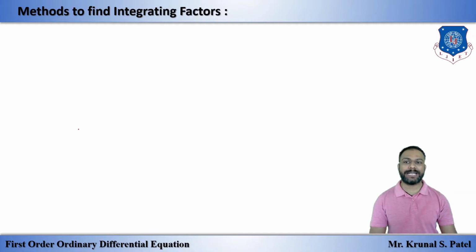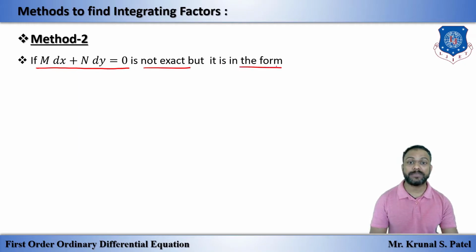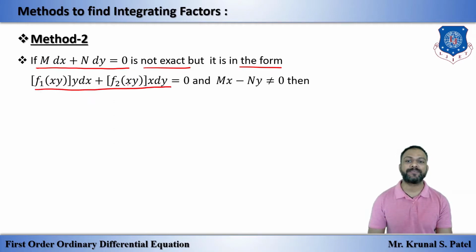Now the second method. In the second method, M dx plus N dy is not exact, but it is of a particular form, this. That means the given differential equation is in this form only: function of xy times y dx, plus function of xy times x dy.